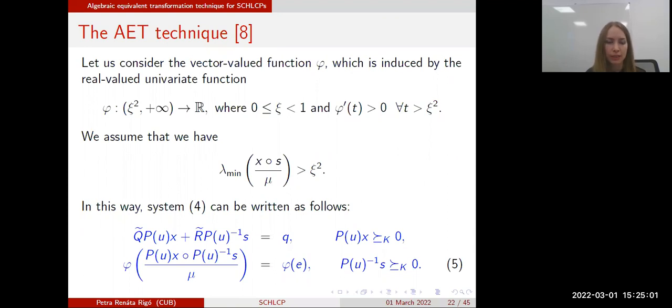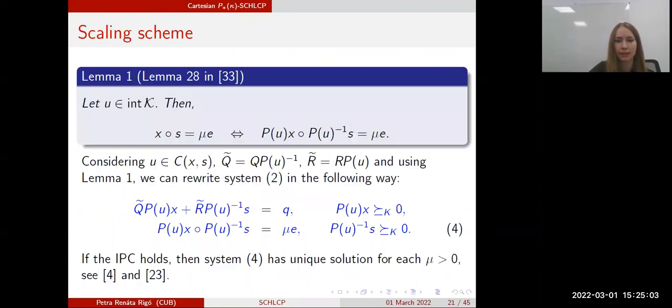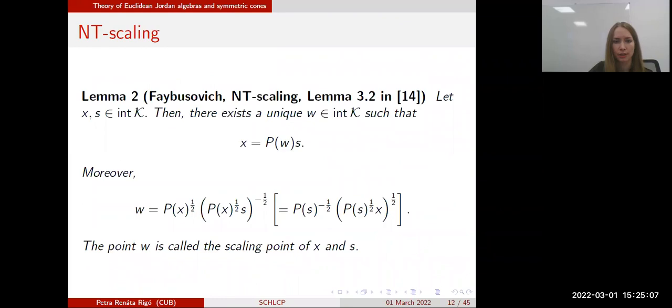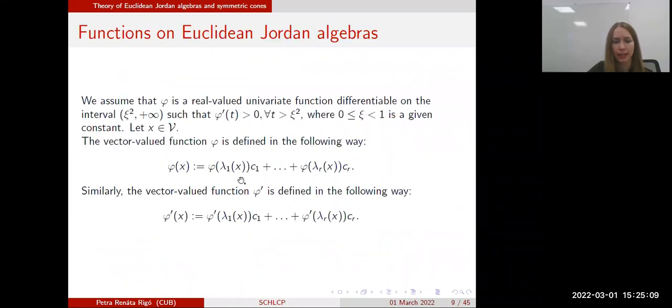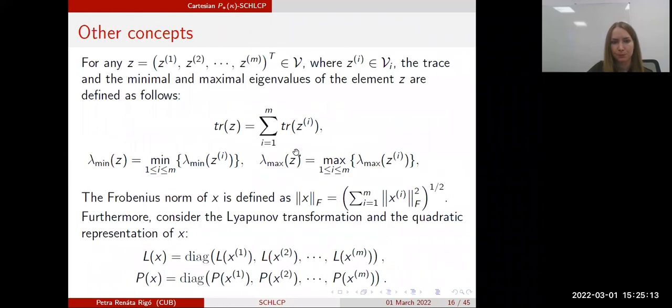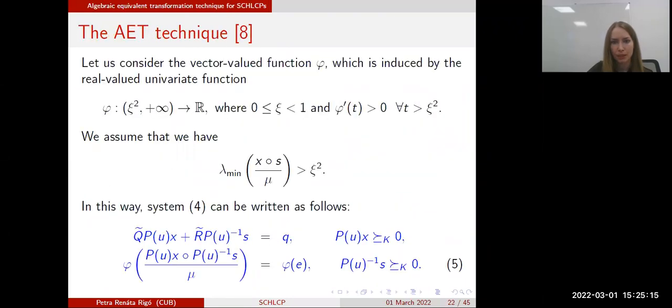So if we consider a function phi in that framework, what I have shown at the beginning by using the eigenvalues and the Jordan frame, which is induced by the real valued univariate function phi defined on psi square infinity.